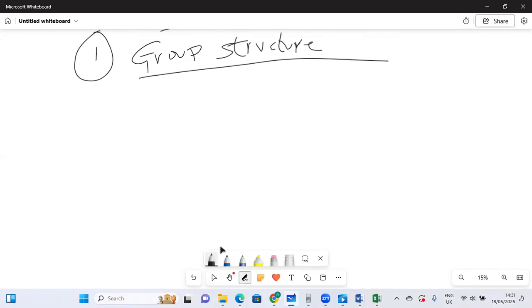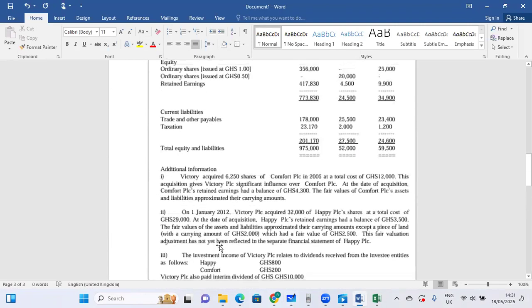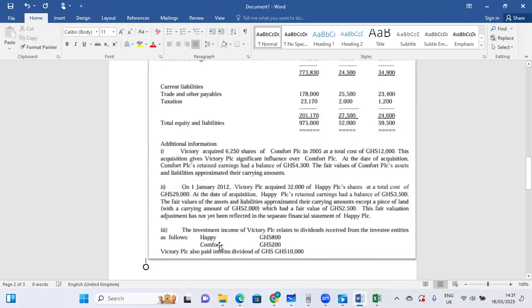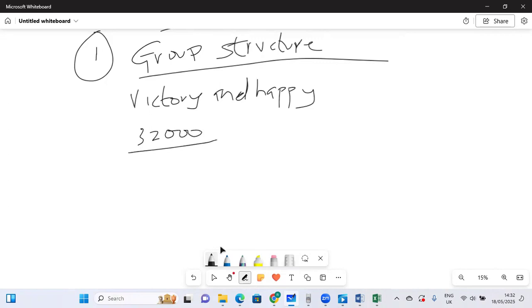Victory actually bought how many shares? Victory bought 32,000, right? So 32,000 all over 40,000.